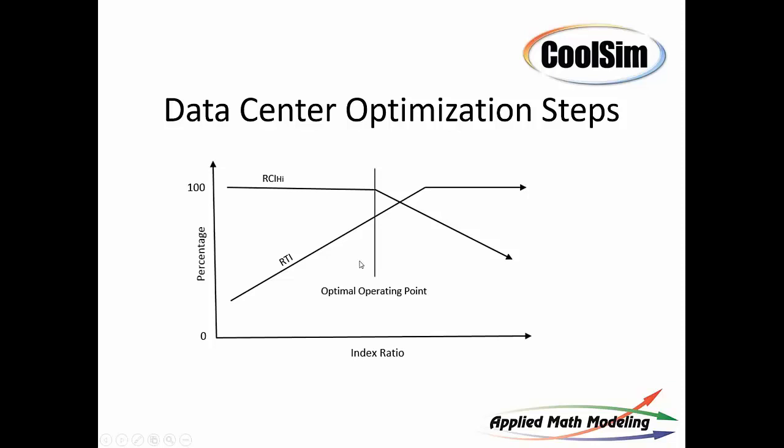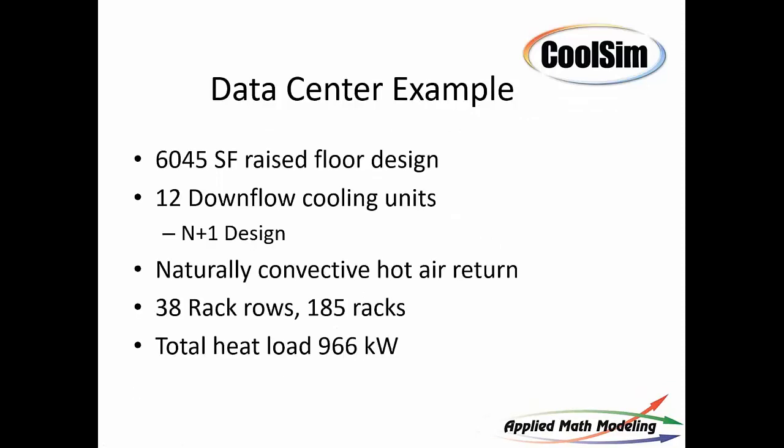RTI typically won't get to 100 because you're going to need a little extra air because there's leakage in the system, and it's not going to be perfect. So drive RTI up into the 90s would be my advice, get it close, and then begin to increase your supply air temp. So we're going to experiment with this today. We're going to take a look at a data center.